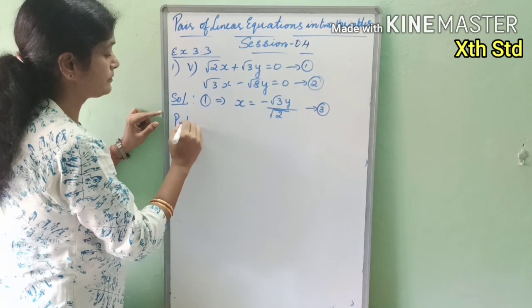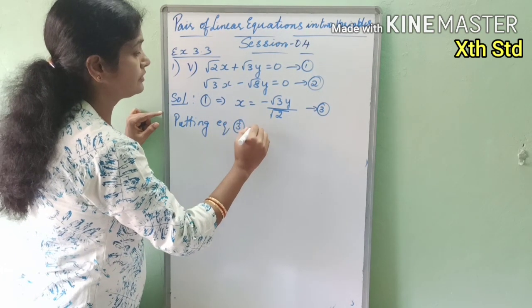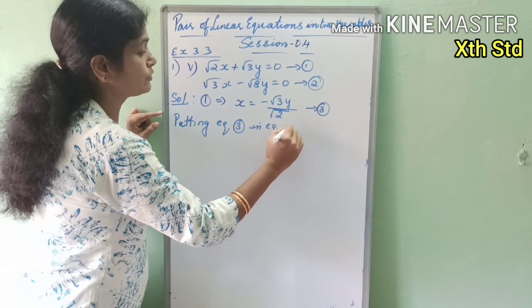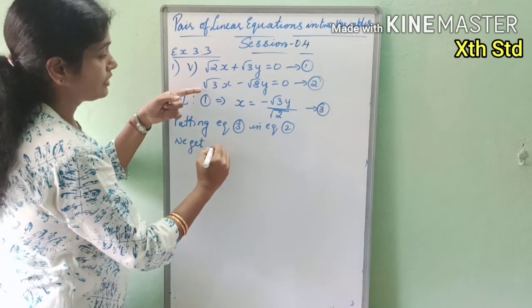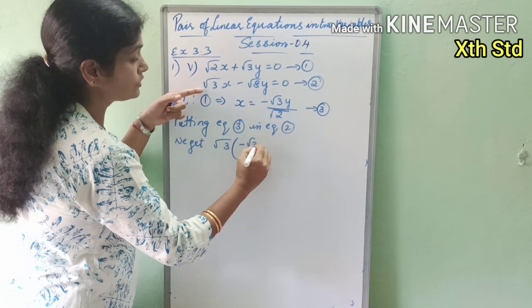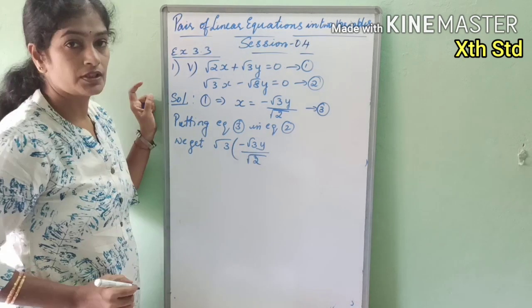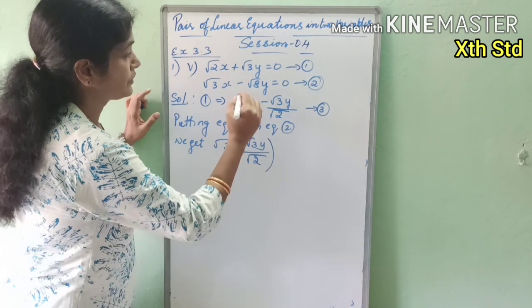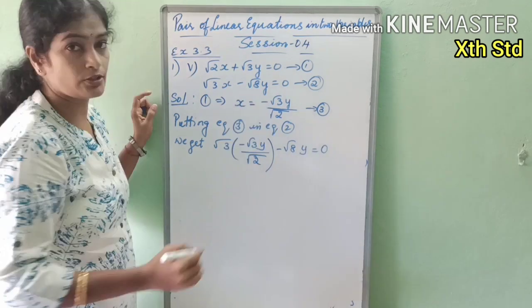Putting x from equation 3 in equation 2, what do we get? Root 3 into x. x is nothing but minus root 3 into y divided by root 2, minus root 8y is equal to 0.